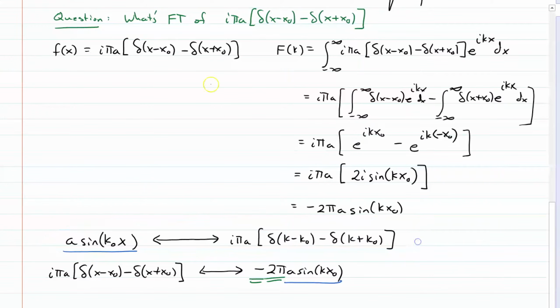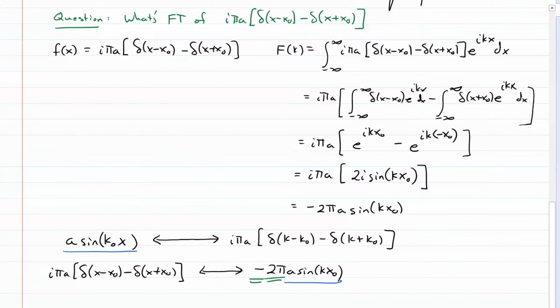This is what we call the Fourier transform duality. There's like a symmetry or duality between x and k, so that if I know one Fourier transform, actually I've done two at once, because now I already know the Fourier transform of this function.